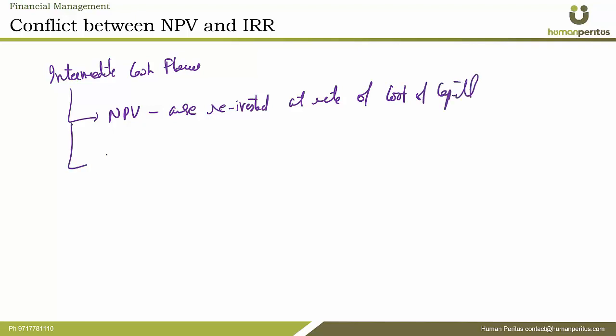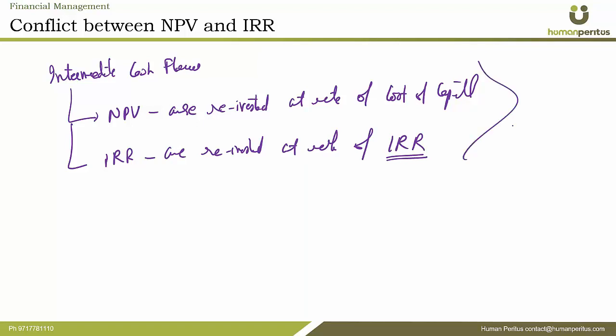On the other hand, IRR assumes that intermediate cash flows are reinvested at the rate of the project's internal rate of return. This is the reason why there is conflict between NPV and IRR.